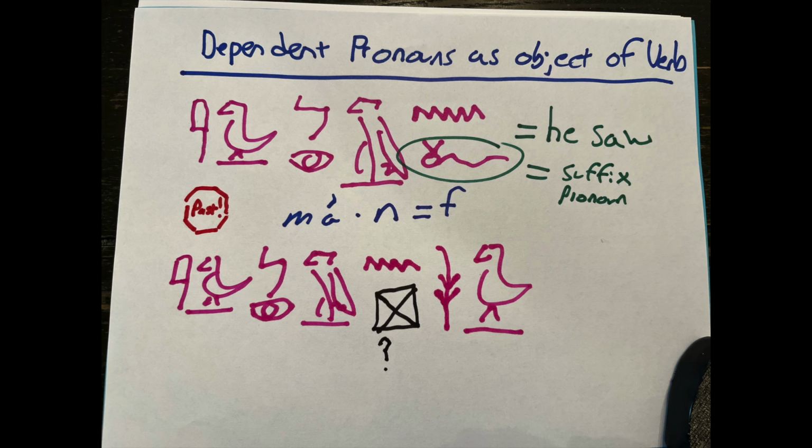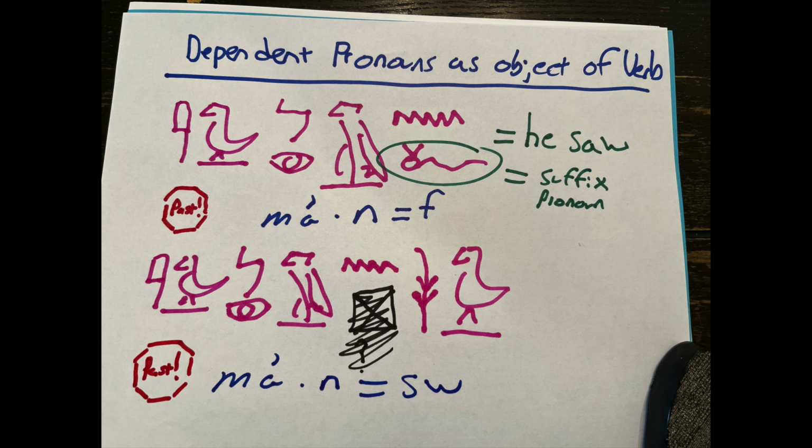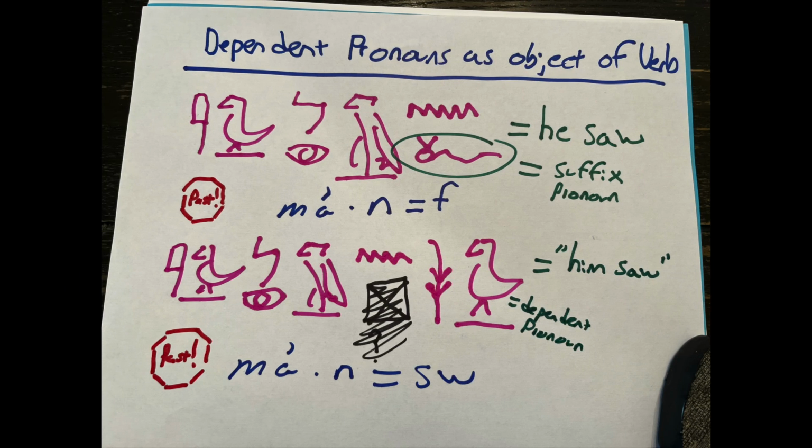We'll deal with that in a moment because we've talked about how hieroglyphs are always supposed to be perfect squares. So I'll just cross that off here, and you never want to have negative space when writing out hieroglyphs. They always want to be perfect and every spot filled in. And this can be done by moving around determinatives. So here we have ma'a.n equals SW, SW being the dependent pronoun for him.